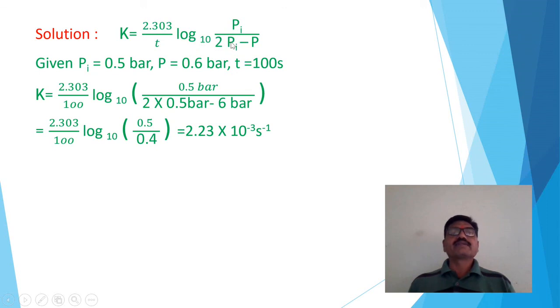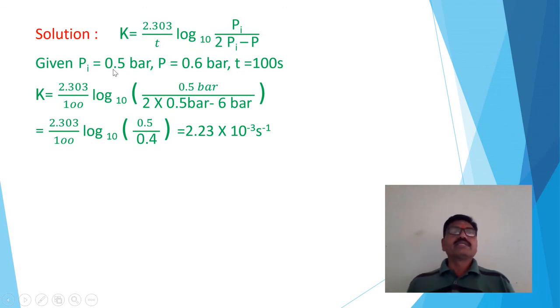What is different there? See here. Instead of A0 upon AT, we have to write this. We have seen at the start of this video how this comes. This is the integrated rate law equation for gas phase reactants. That is all.